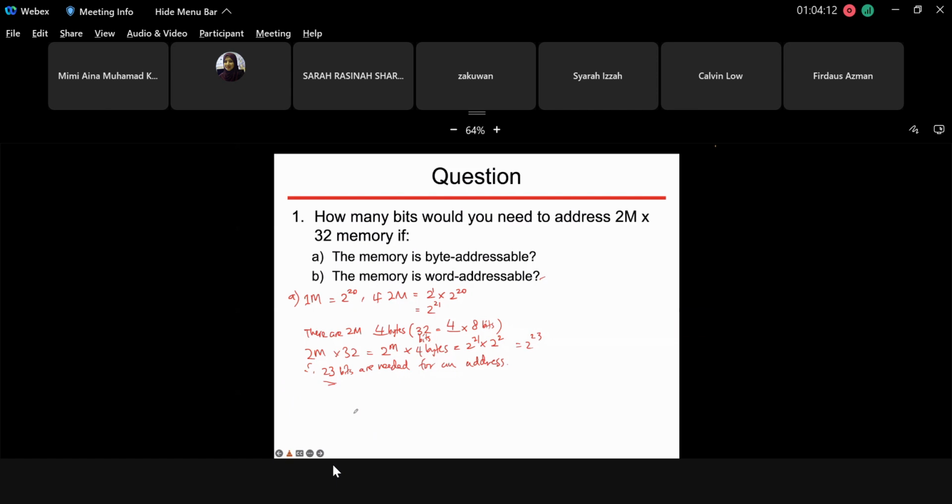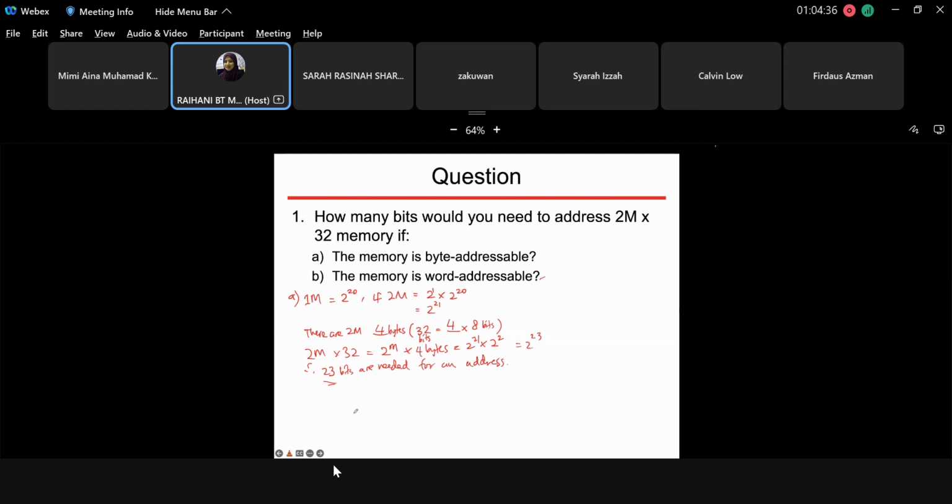The answer is 8 million words. Is it? Sama juga, the answer in bits, tetapi it will store in the word addressable. Yang ni you need to convert. You need to convert the bytes here.